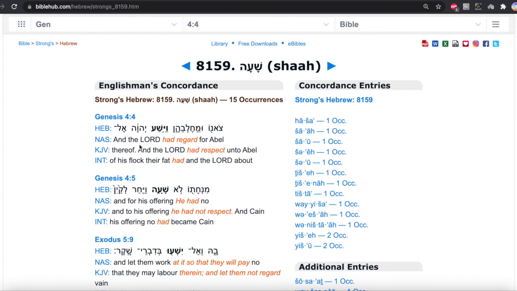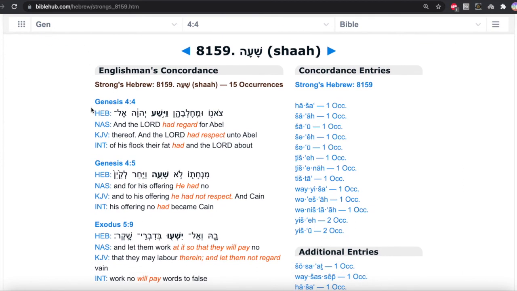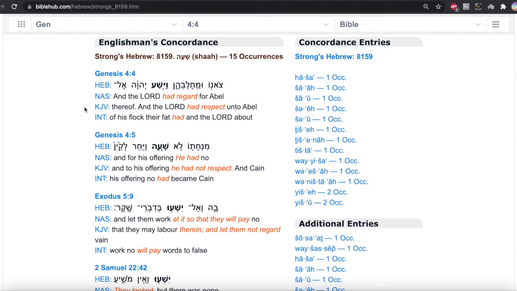So in our context of Genesis 4, what is the issue here? What is God doing and not doing that gets Cain so upset? I think we could word it as simply as look upon, or we could interpret it as basically, God paid attention to Abel and Abel's offering, but did not pay attention to Cain and Cain's offering, and that's what gets Cain upset.